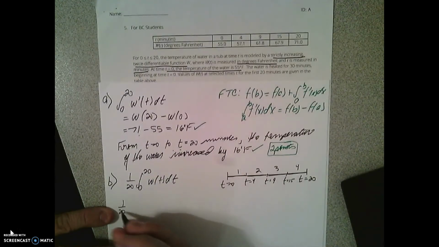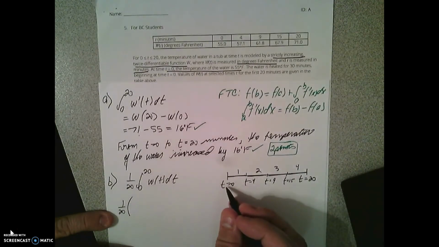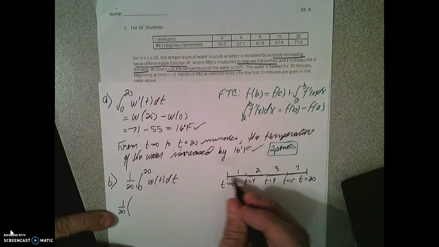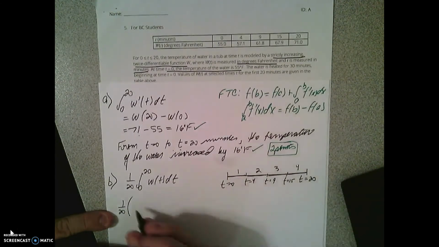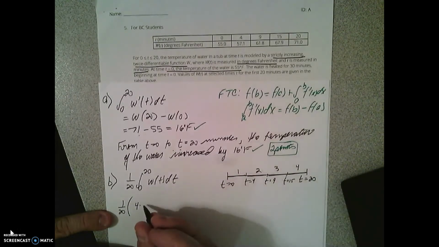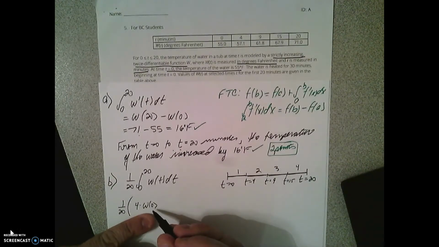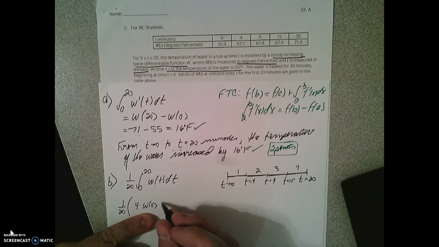So I'm going to get 1/20 times the definite integral using the left endpoint method. What I need to do is take the base, the length of that interval, which is 4, times the height of the function, which is w(0).